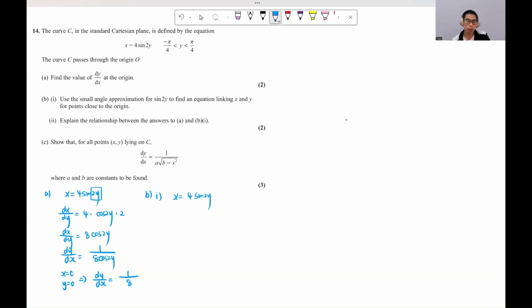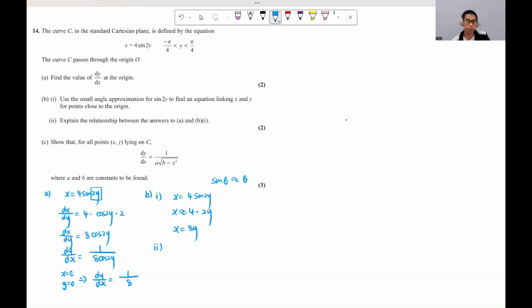If it's very small, sine 2y should be close to 2y, because the small angle approximation is that sine theta is approximately theta if the angle is very small. So sine 2y would just be 2y. Then x is equal to 8y. That would be the equation linking x and y when the point is close to the origin.